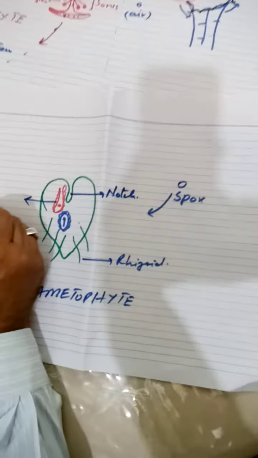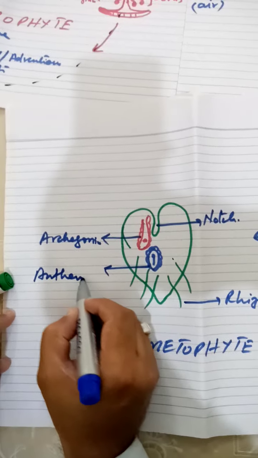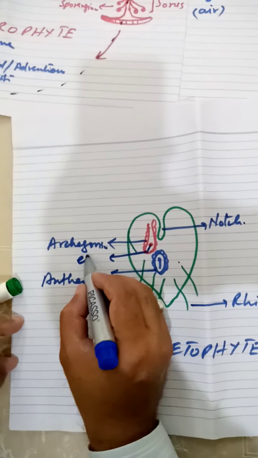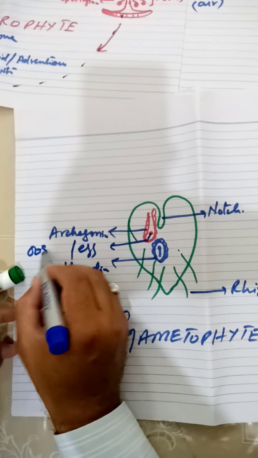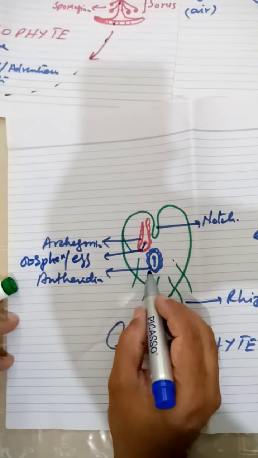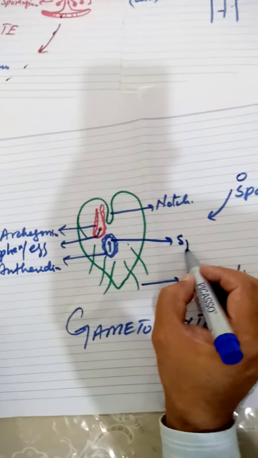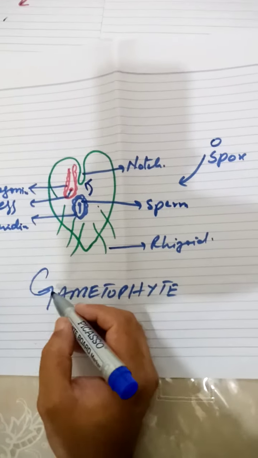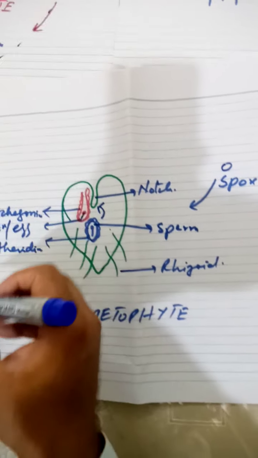That is the archegonium. Antheridium, embryophyte character, egg, oosphere, the sperm. In the presence of water, it moves here, with some sort of chemotaxis.